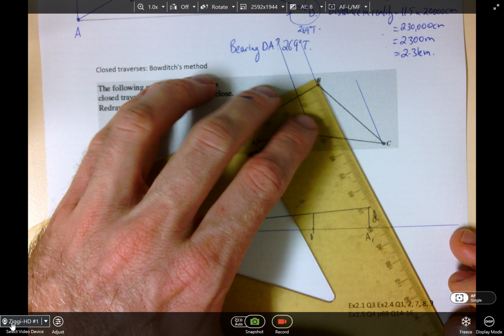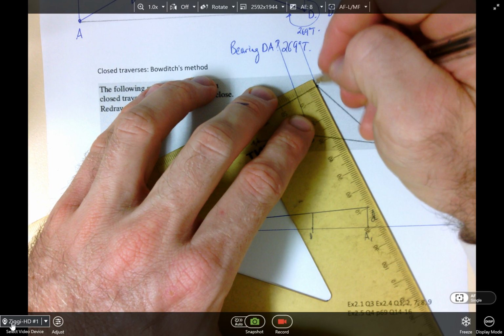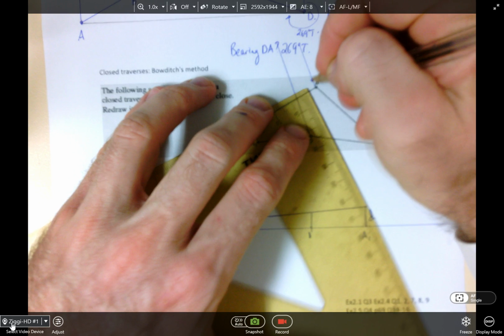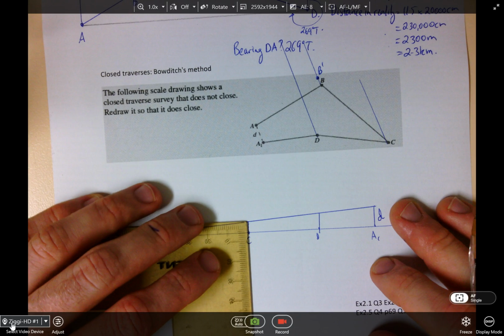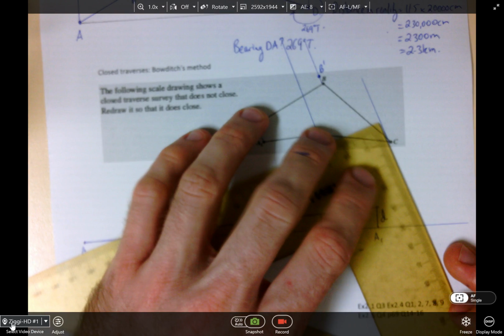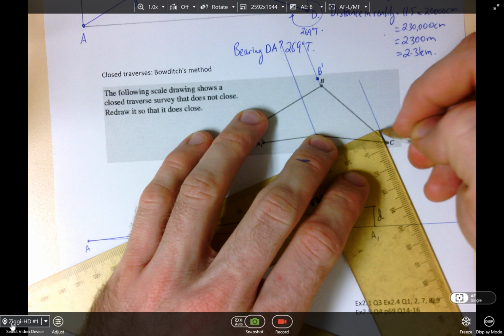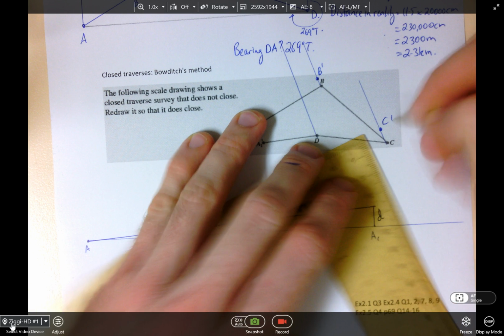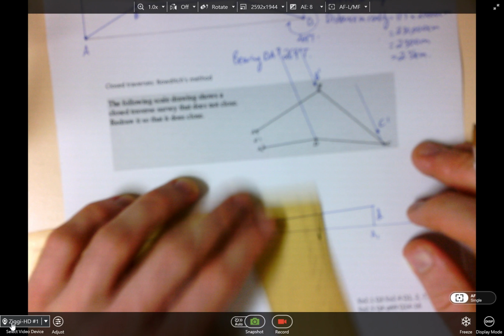And I'm going to mark that same distance along this line and call it B dash. Do the same thing for point C. That's like 0.6. You should be able to be a bit more accurate than me. And the same thing for D. 0.9.